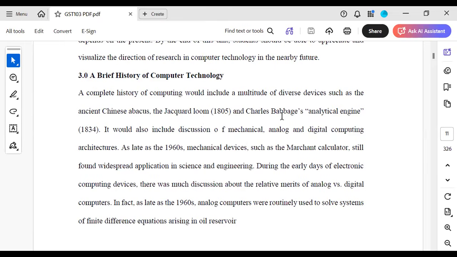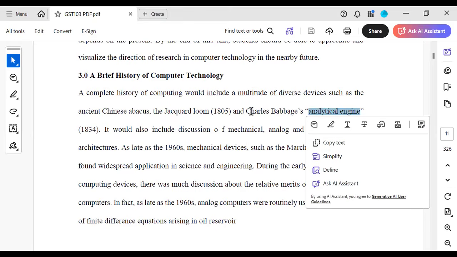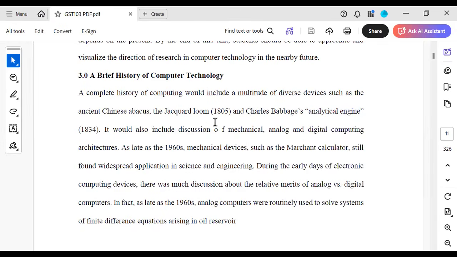There is a question in the question bank on this statement, in the objective section. So when you meet this question in the exam, be very careful. The answer is not abacus, it's analytical engine. That was what Charles Babbage and his team worked on in the early days of computing.